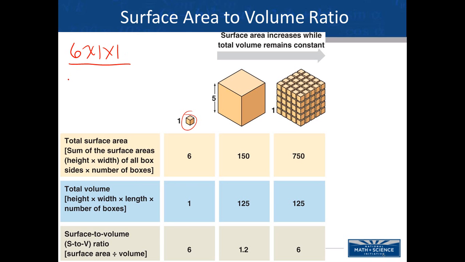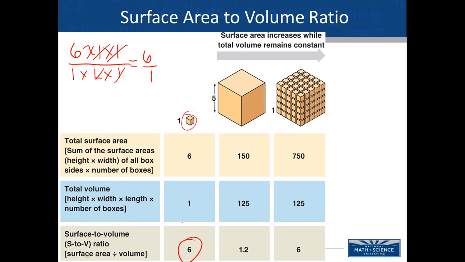The volume is the height times the length times the width, which is 1. So when you cancel this all out, this is going to be a 6 to 1, or the surface area to volume ratio is 6.